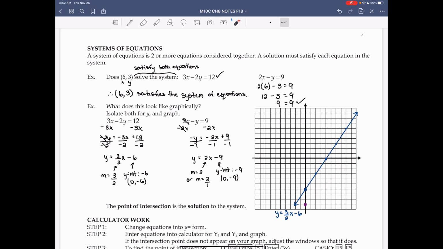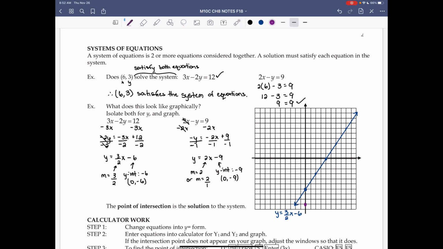We're going up 2 and right 1. Up 2, right 1, up 2, right 1, and so on, continuing the pattern.